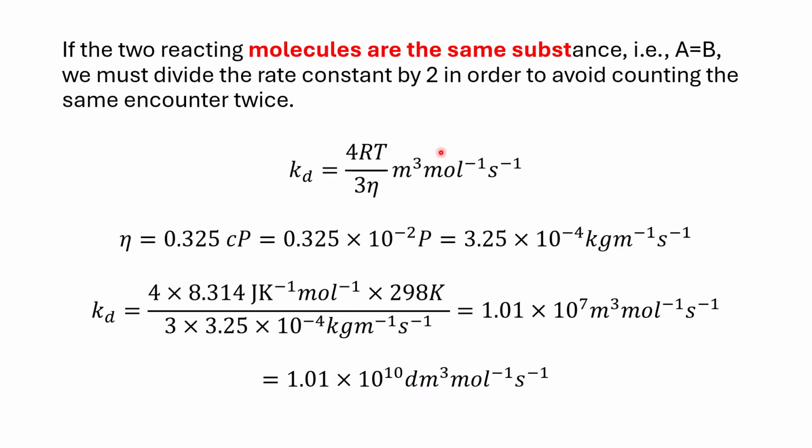We do not use 8 over 3 RT divided by viscosity because of the same type of substance reacting in this example. So we substitute the respective values of the gas constant, the temperature, and also the viscosity into the expression. Then we will be able to determine the rate constant for the diffusion control reaction involving the iodine atom combining with the iodine atom. The result is given here.